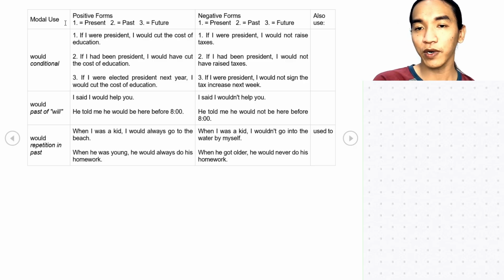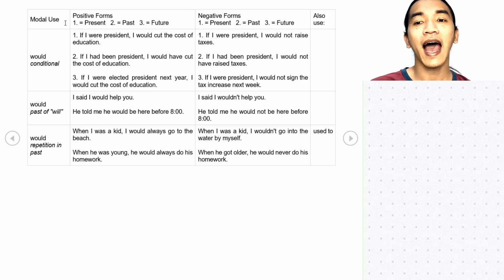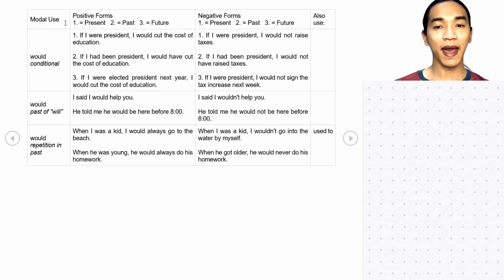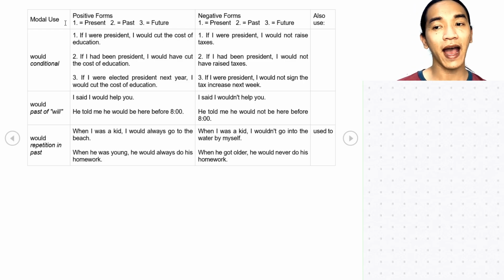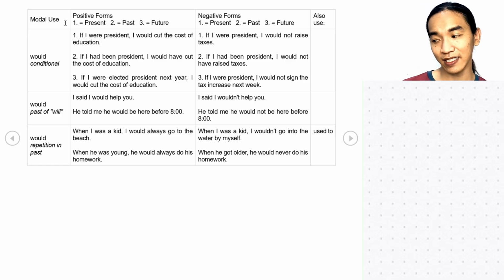If I were president, I would cut the cost of education. So you are imagining about the present situation. So this falls under the second conditional, which is the present unrealistic situation or condition. Okay. So the negative there, if I were president, I would not raise taxes.